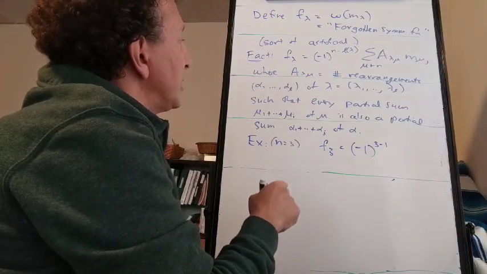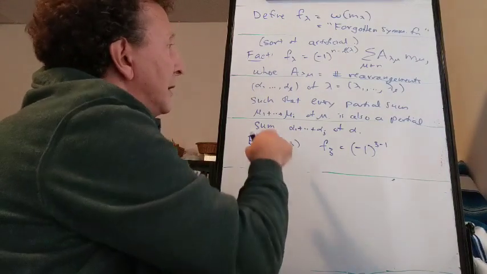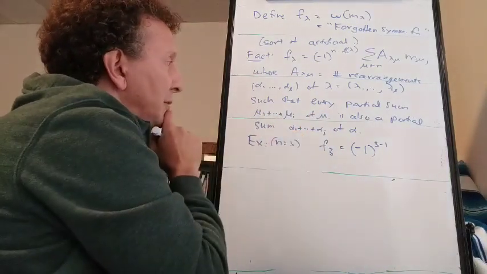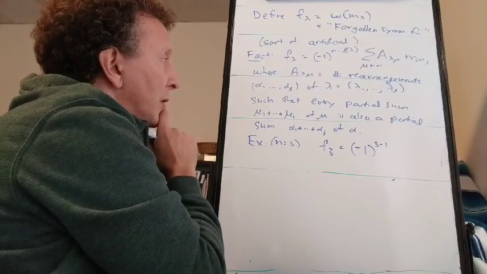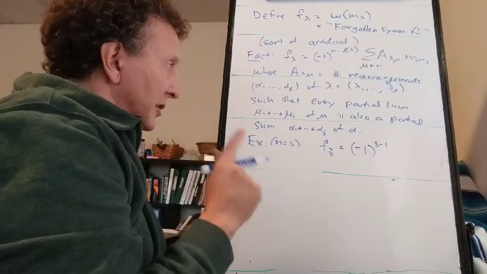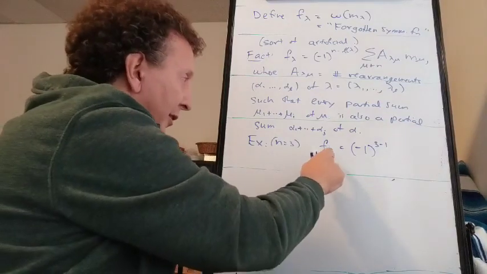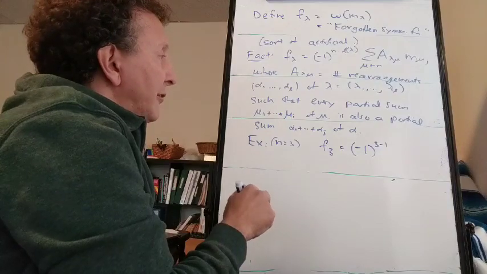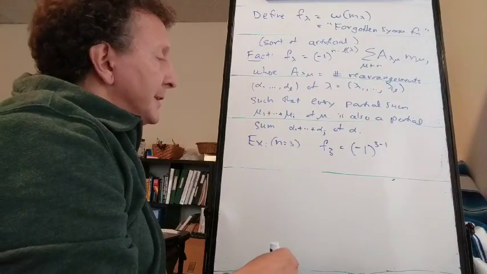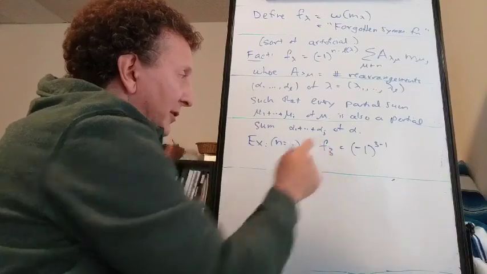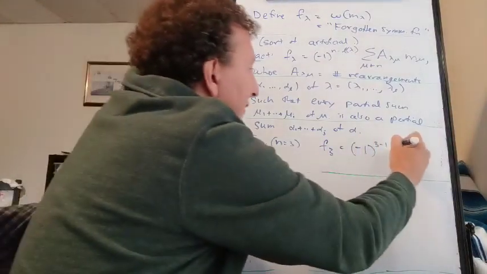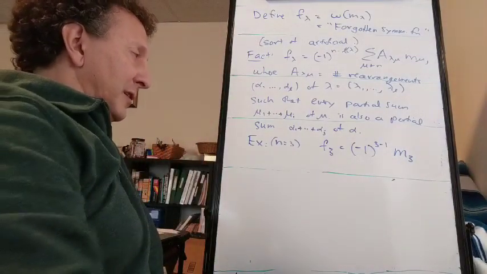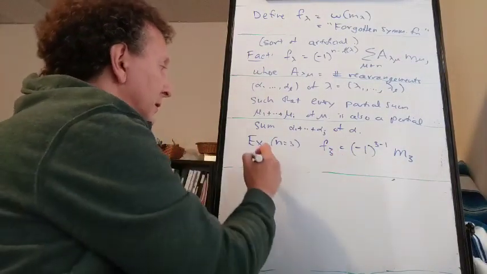And we want the number of rearrangements such that every partial sum of mu is also a partial sum of alpha. So if mu is 1, 1, 1, we've got a partial sum of 1, a partial sum of 2, and a partial sum of 3. And they're not all partial sums of 3. If mu equals 2, 1, then we'll have a partial sum of 2, which also doesn't appear in the set of partial sums here, just 3. So I guess m3 is going to be the only monomial symmetric function that appears in the expansion of f3.